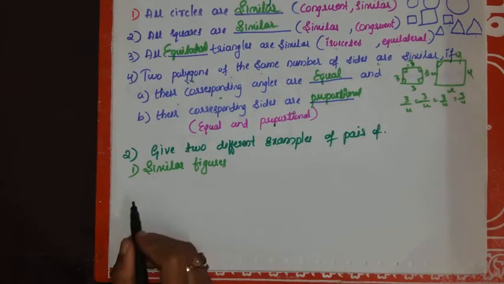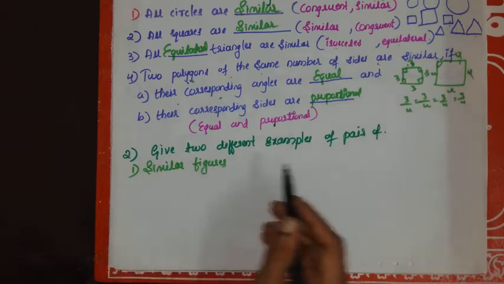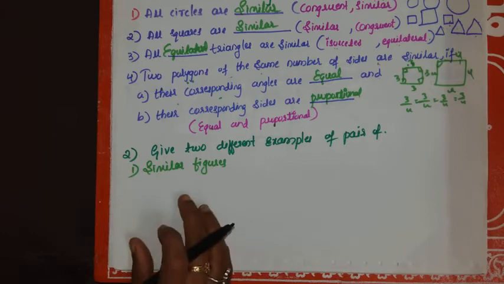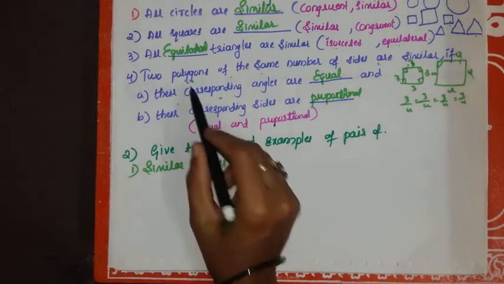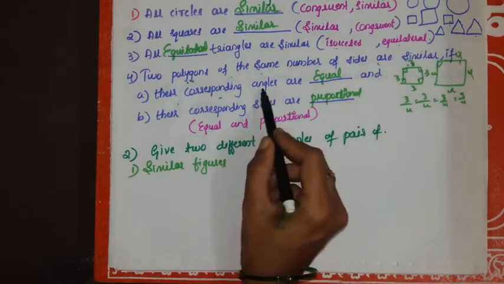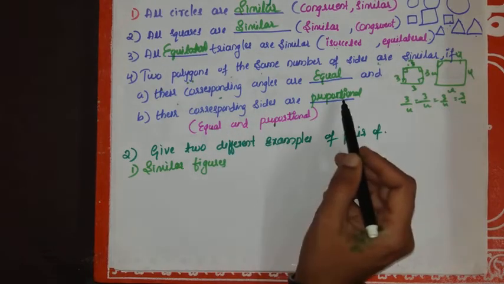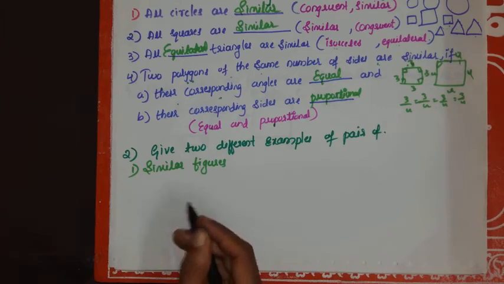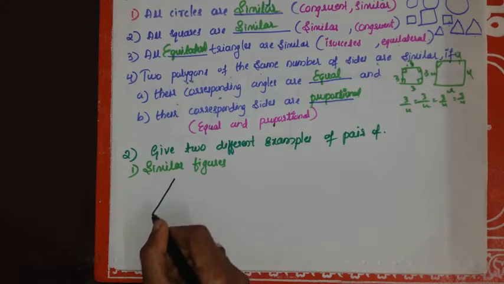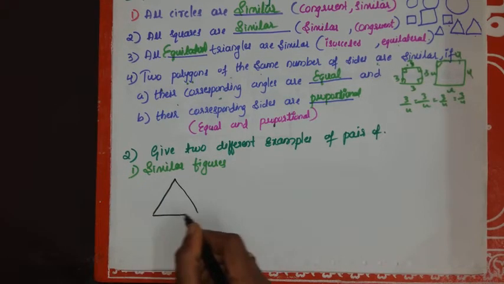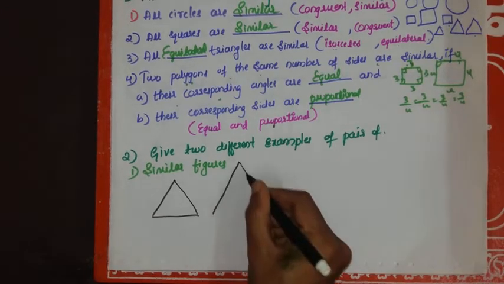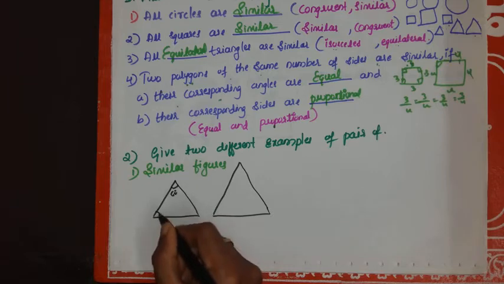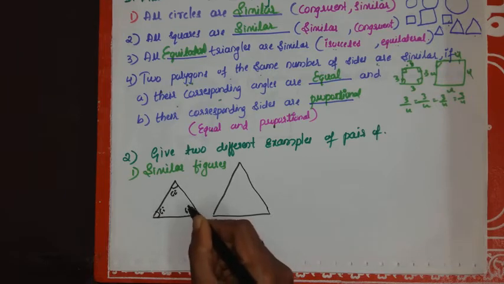Now the second question is to give two different examples of a pair of similar figures. Similar means angles are equal and sides are in proportion. So I take two similar figures. One is a triangle, with angles 60, 60, 60 degrees.